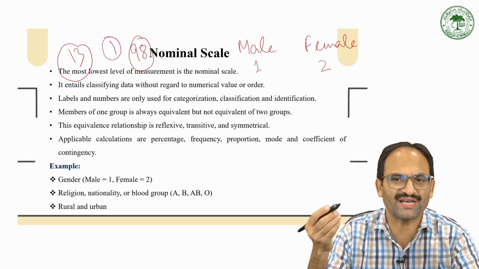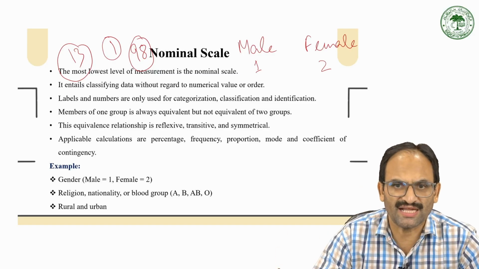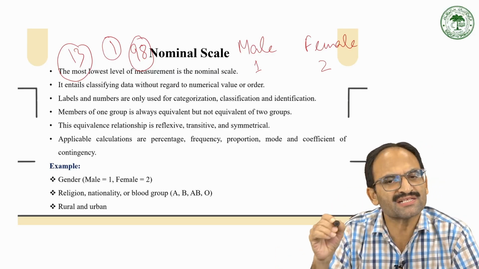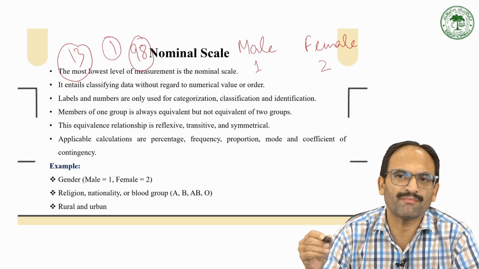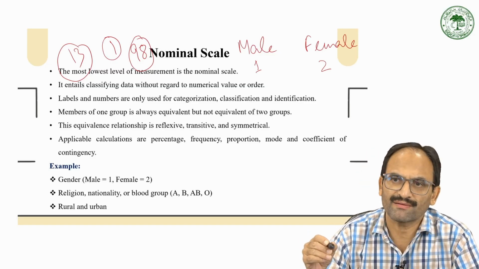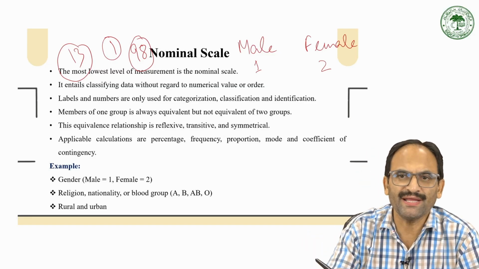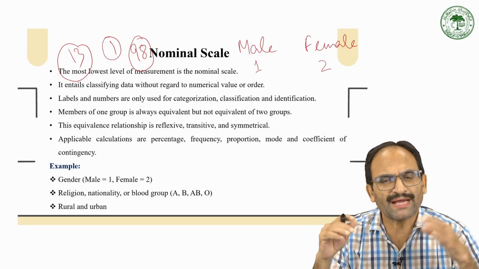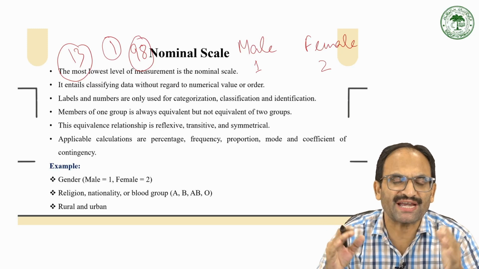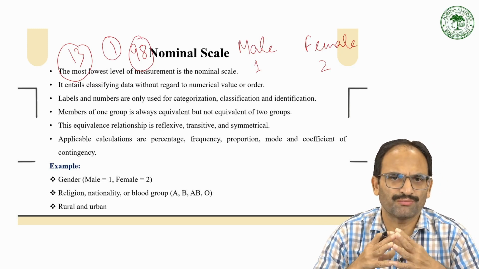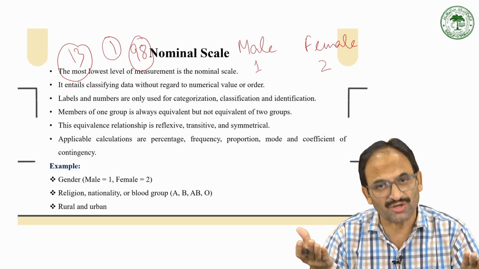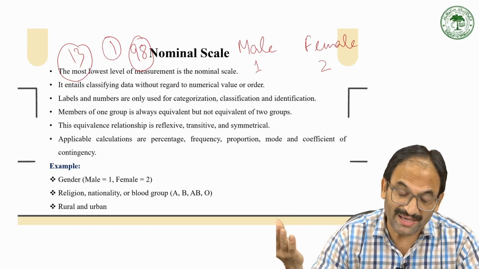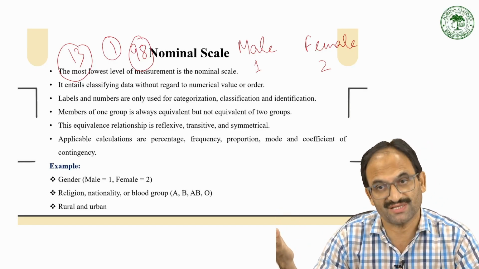Let me give you one example. I am a sales executive in some company, and my company makes fairness creams. My company makes 5 fairness creams. As a sales executive, I want to know which product is liked by most of my consumers.